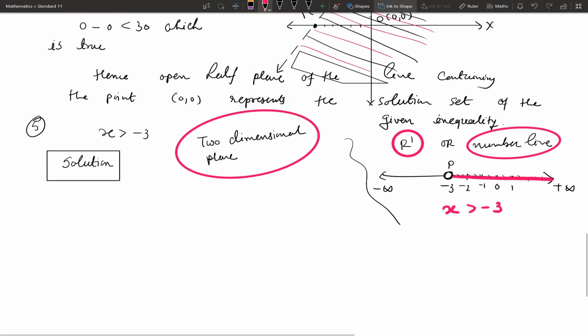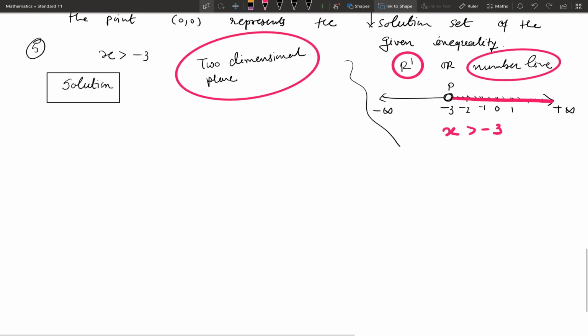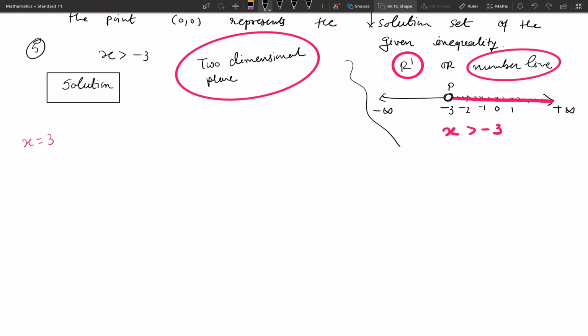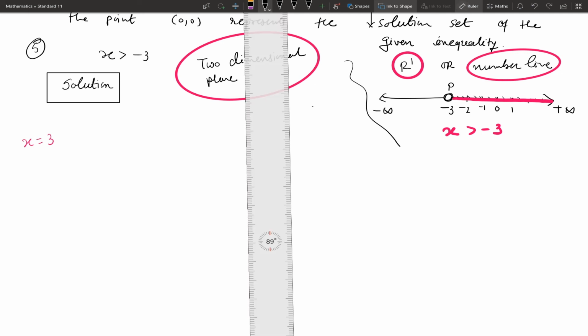So when we remove the inequality, x equal to -3, and as we know x equal to a represents a vertical line. So let us draw a vertical line, x equal to -3.